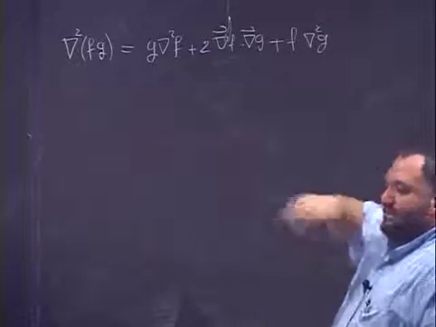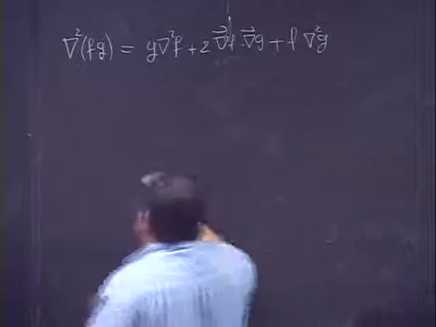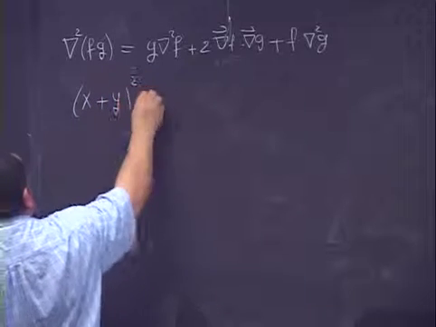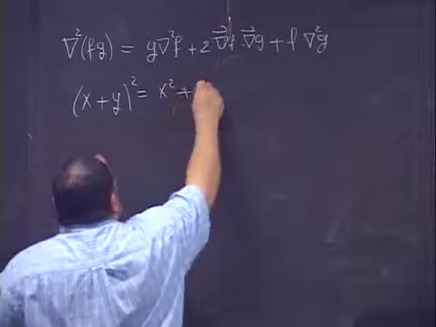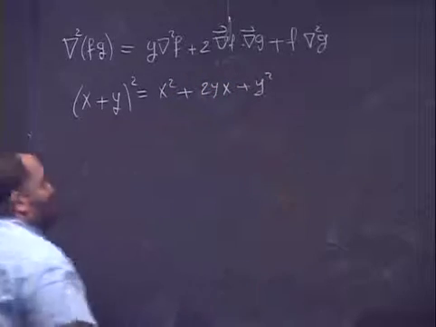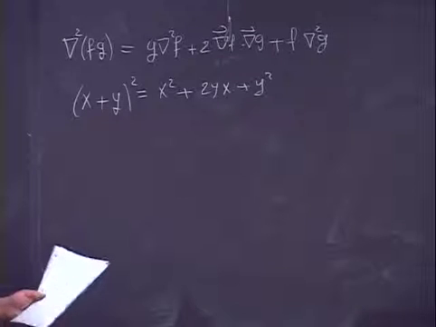Do you remember it's like when you have a binomial? So this is x square plus 2yx plus y square. Just remember it like this. Okay, guys? Remember it like this.